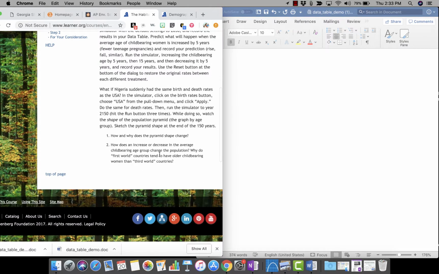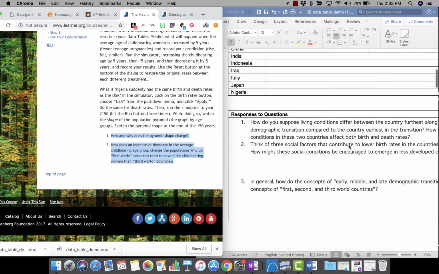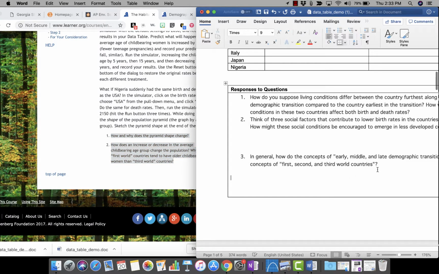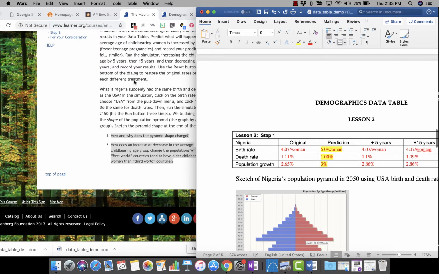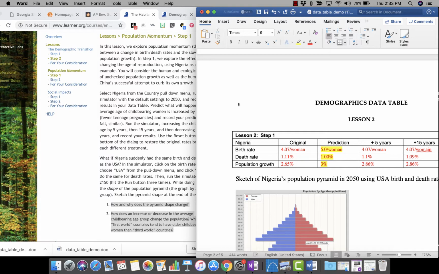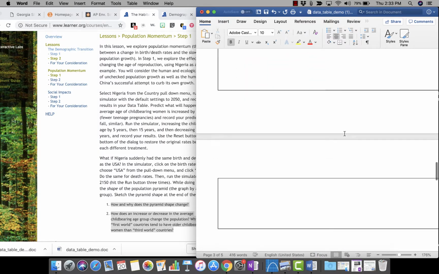So if we look at step 2, these 2 questions should be here. Okay. Then if we go to the next part, lesson 2 is population momentum. This is why it's important to read the directions. And then the third one is social impacts.